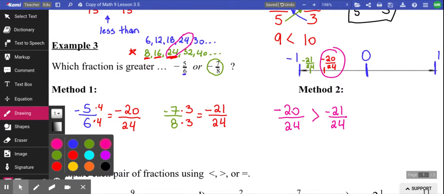Which means, if we go back to our original question, negative 5 over 6 must be greater than negative 7 over 8.